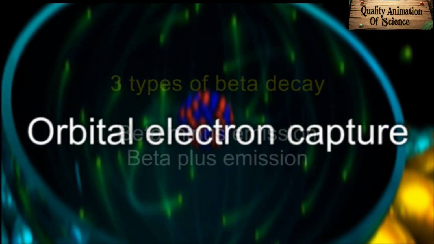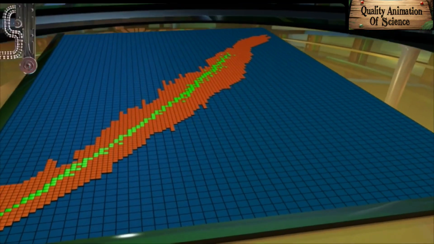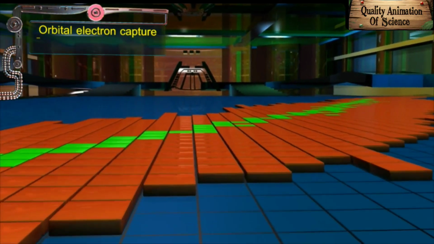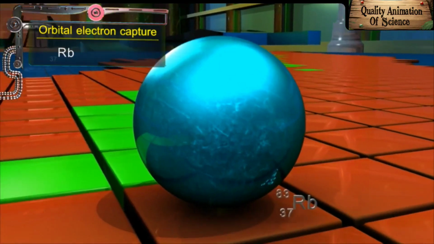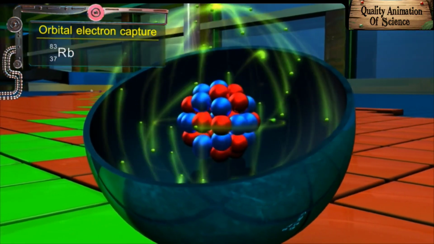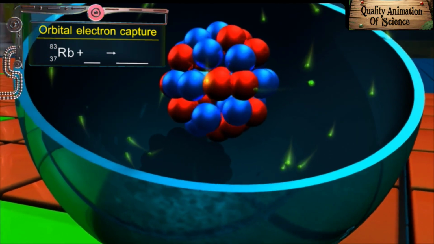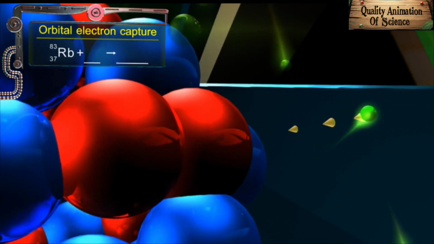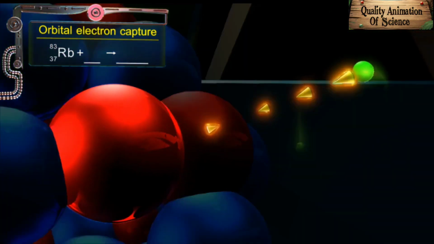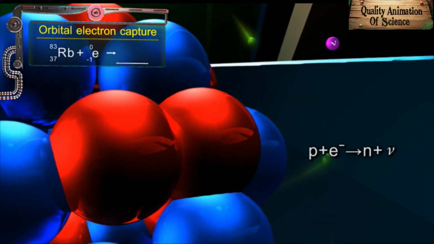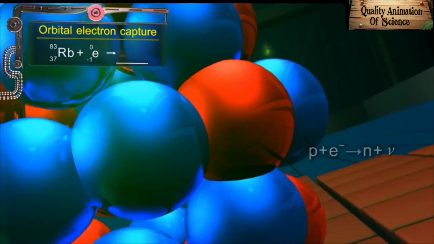Orbital electron capture. To understand it, consider the parent nucleus of a radioactive isotope of rubidium having 37 protons and 83 nucleons. During orbital electron capture, a radioactive nucleus of rubidium absorbs one of the atomic electrons, and as a result, a nuclear proton becomes a neutron emitting a neutrino.